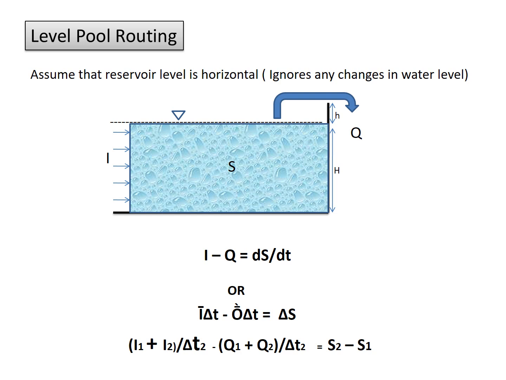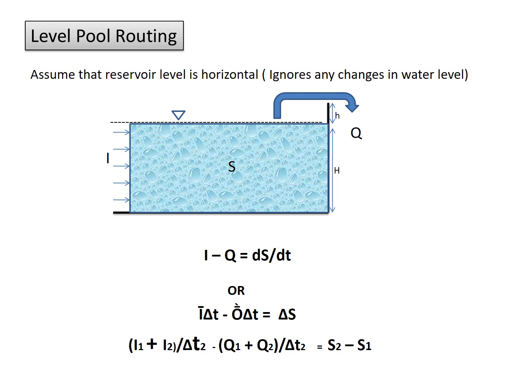Consider a small time interval delta t. Technically, this time interval is between 1/3 and 1/6 of the time of peak. How can we calculate the time of peak? The time of peak can be calculated by using the flood hydrograph of the input values. If we consider a particular time interval, then we can determine I1 and I2, the discharge of the inflow hydrograph at the particular times T1 and T2, and Q1 and Q2.